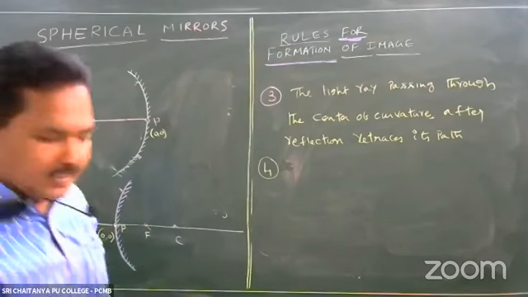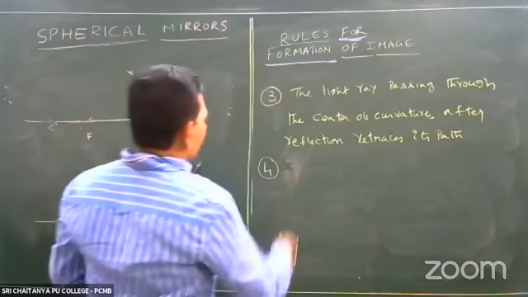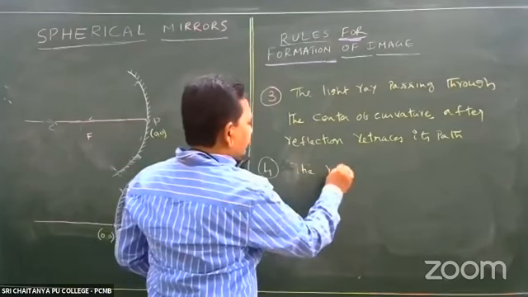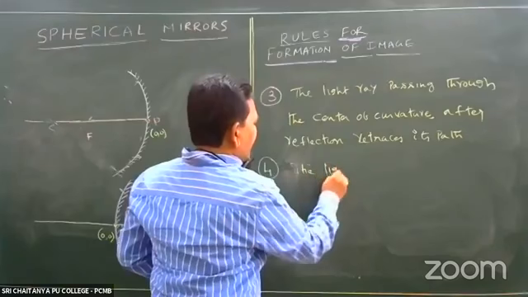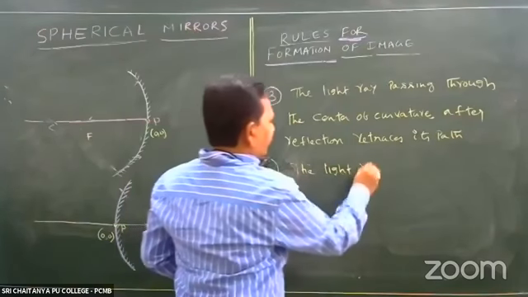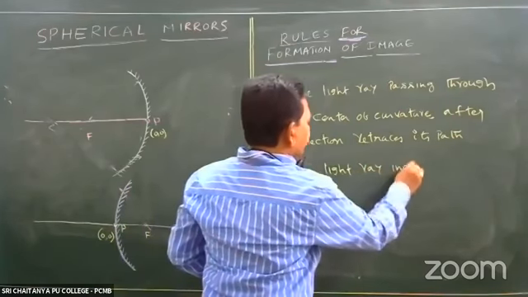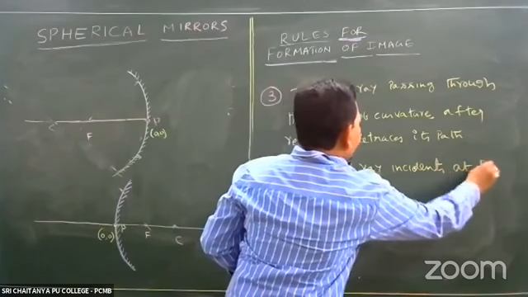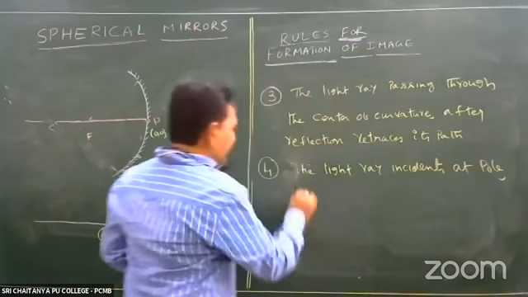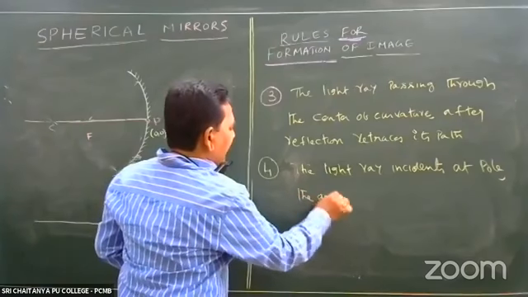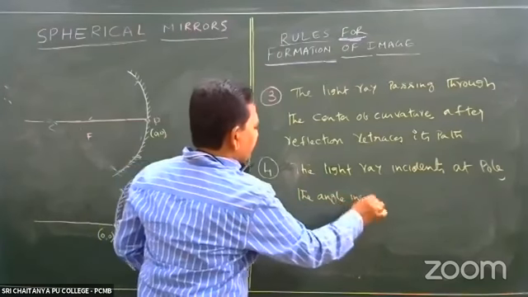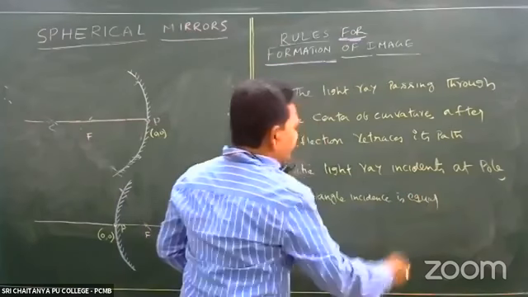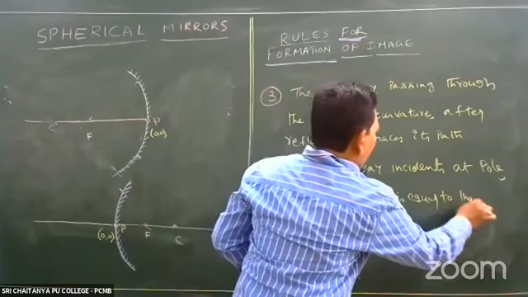That is, the light ray incident at the pole in such a way that the angle of incidence is equal to the angle of reflection.